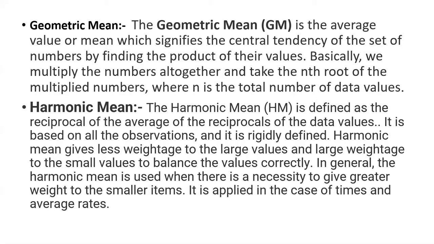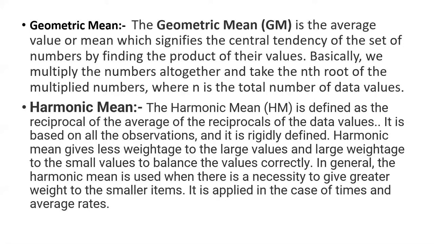Then we have the harmonic mean. The harmonic mean is defined as the reciprocal of the average of the reciprocals of the data values. Here we take the reciprocals of the data values and find their average. It is the mean which gives less weightage to large values and greater weightage to small values.